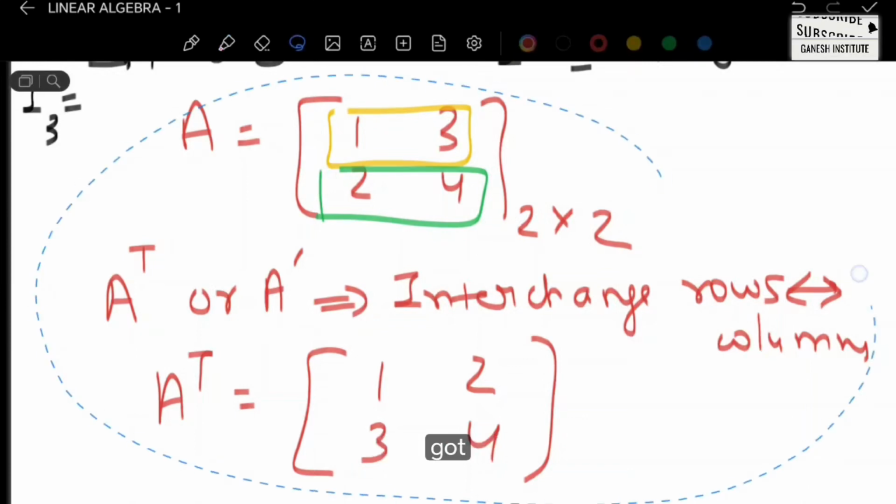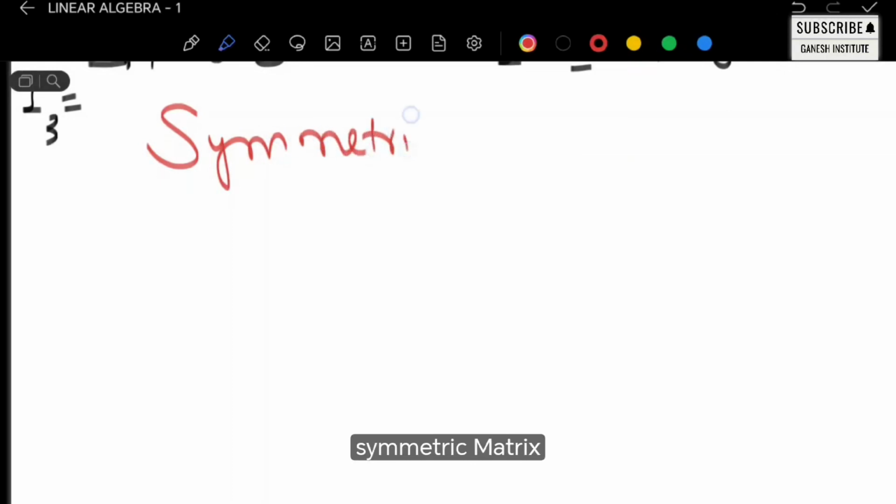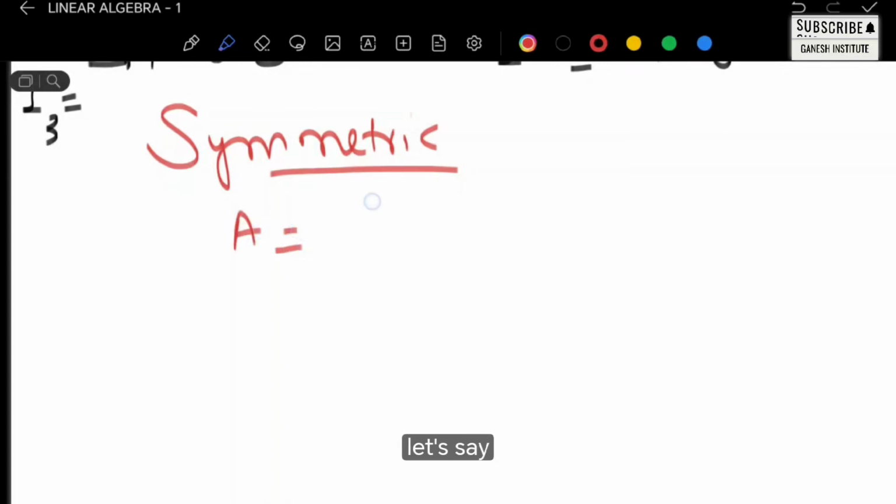Then we have symmetric matrix. Symmetry. What do you mean by symmetry? When you see similar things, right? In layman's terms, it is like similar. So when I have a particular matrix, let's say this is the one.